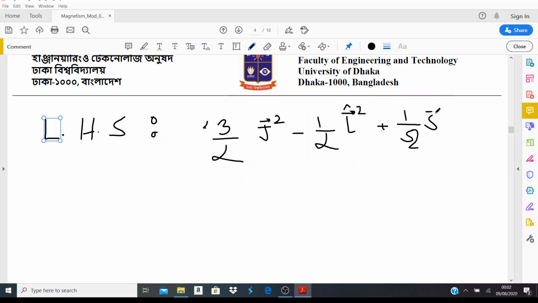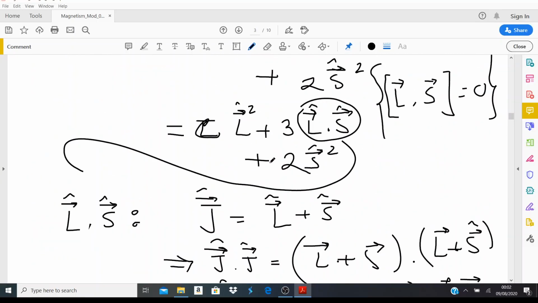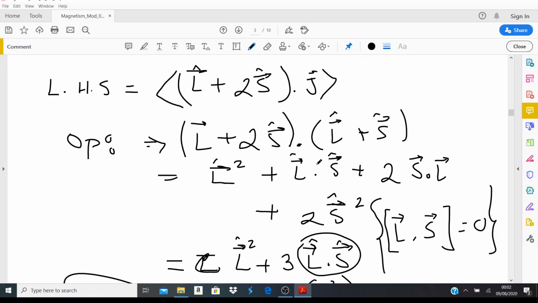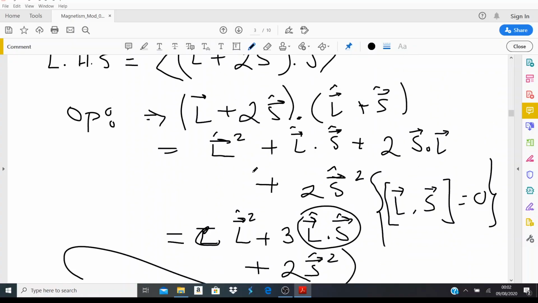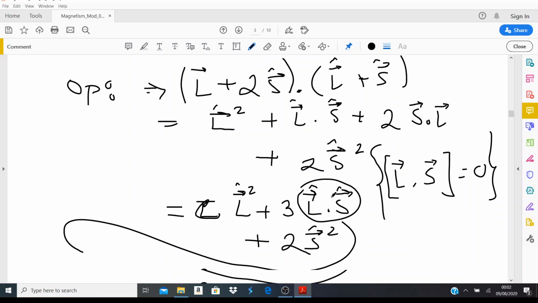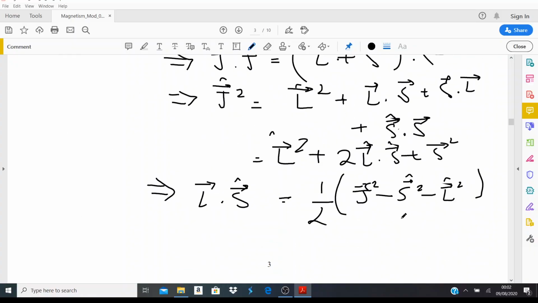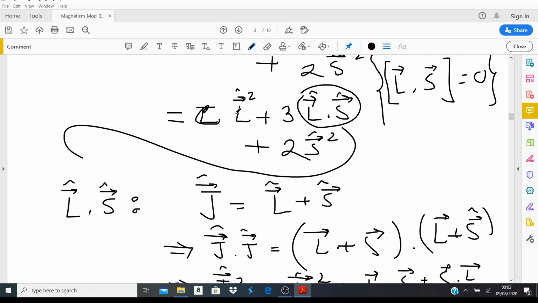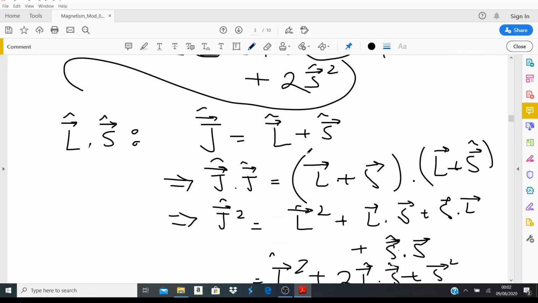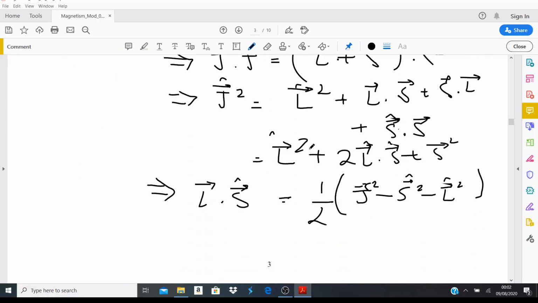Sorry, that should be half S square, right? And that's the right hand side. And can you see where I am putting all those values? On the left hand side, we have L square, 3 L dot S and 2 S square, so you will put the value of L dot S from this expression, and you can see there are some other factors, L squared, 2 S squared. Just do the calculation. It's very simple.